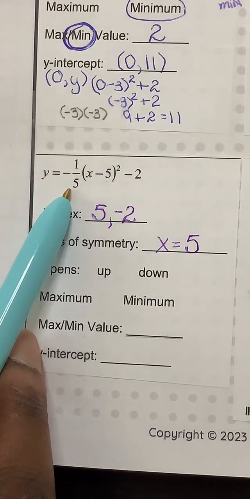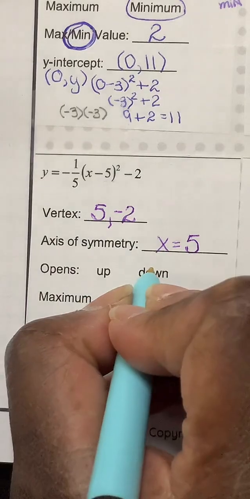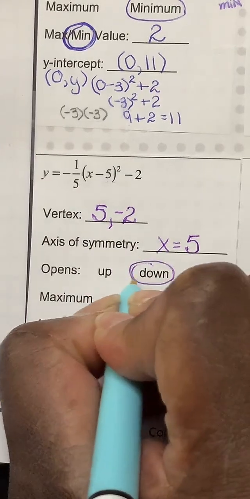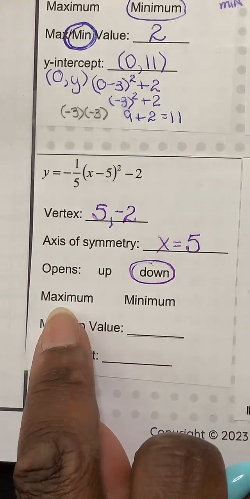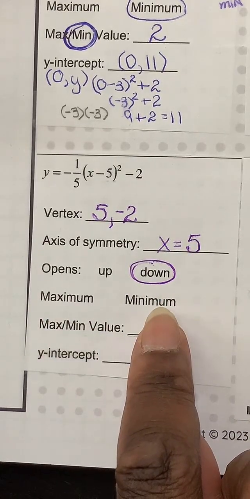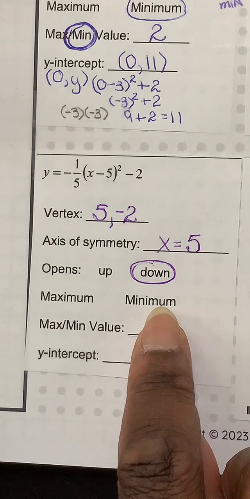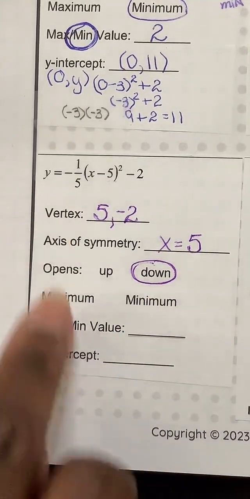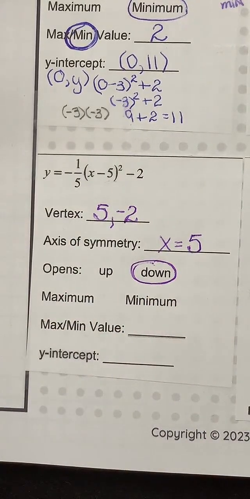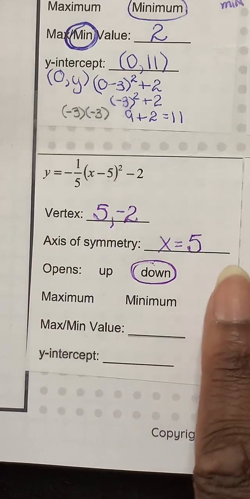But since A is negative, that means it's going to open downwards. And if it opens downwards, do I have a maximum or a minimum? Okay, so it will open downward because it's negative. When it's negative, it opens down like a frown. When it's positive, it opens up like a cup.